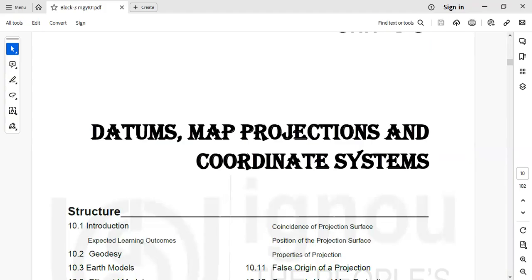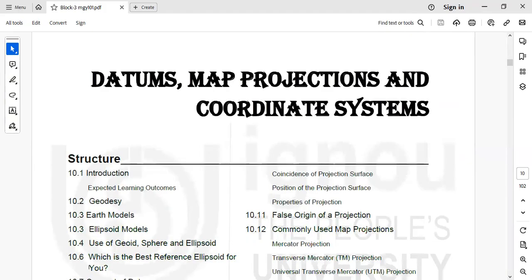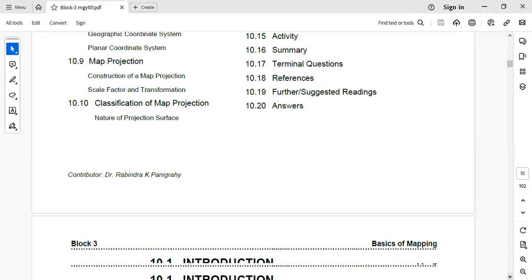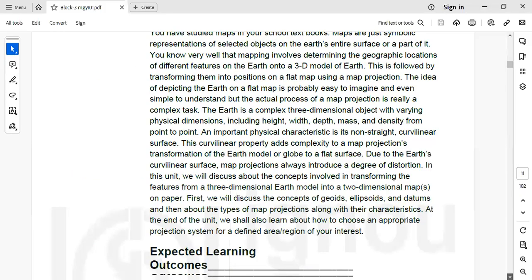For example, if we want the height of any point on the Earth's surface, some kind of plane or datum or surface is required, which we consider as the height of the object being zero, and from that base point we can measure the height of any object. To determine such a surface, scientists have developed various concepts.